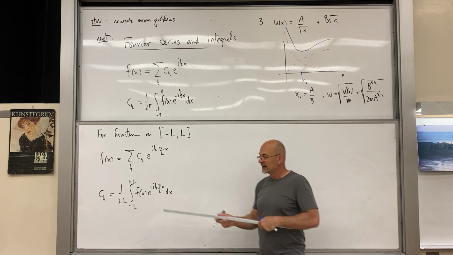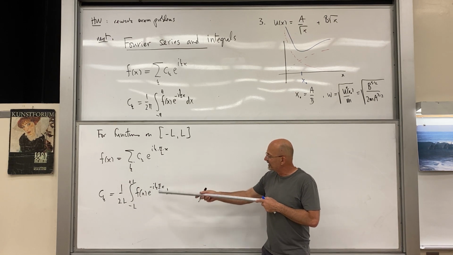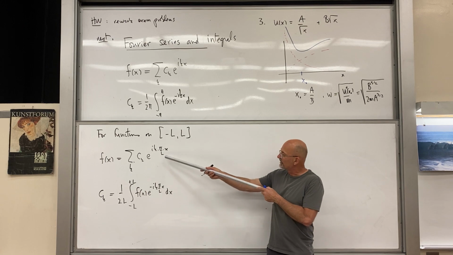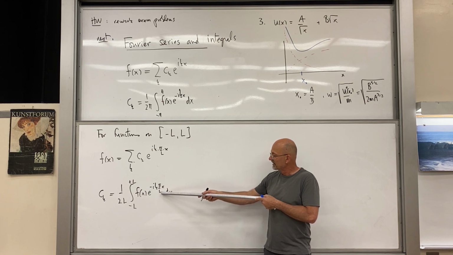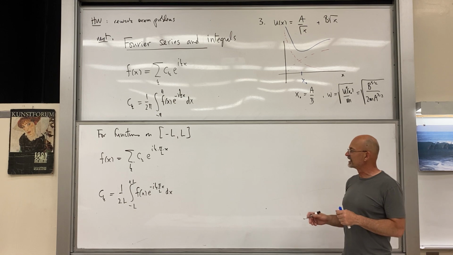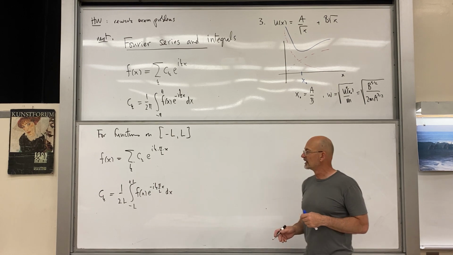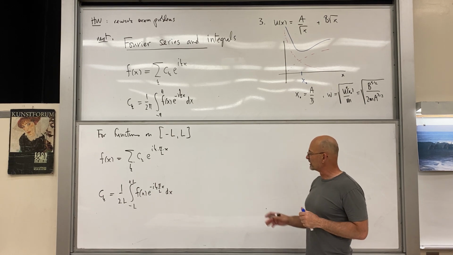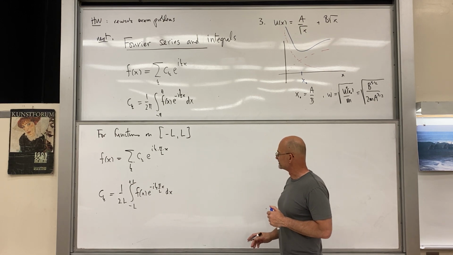But it's not quite trivial because we can't just send L out to infinity in these exponentials either. So there's a tricky and interesting limit that's taken, and I'll talk about it a bit as well. Primarily, I want to get to those formulas.